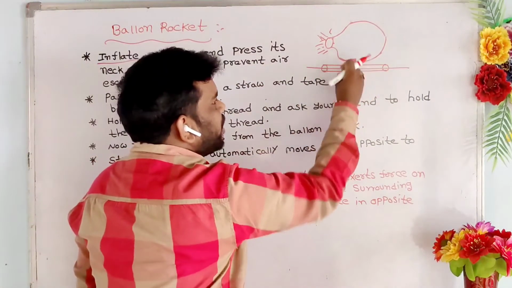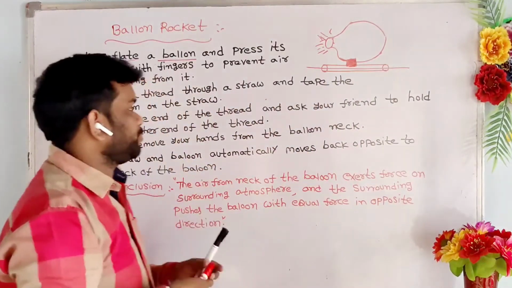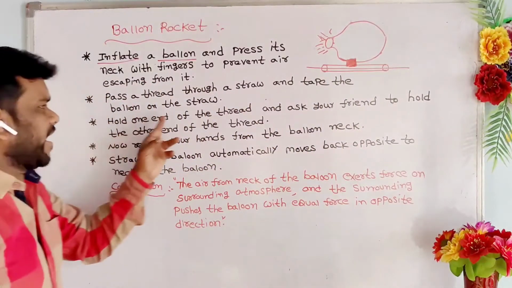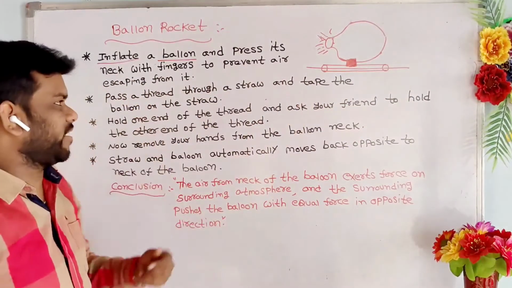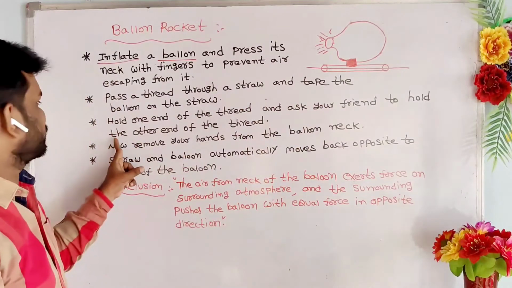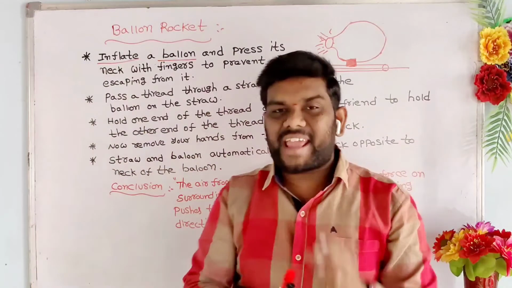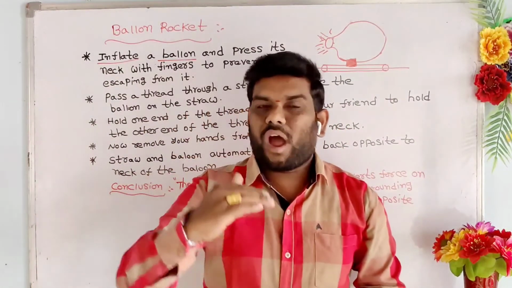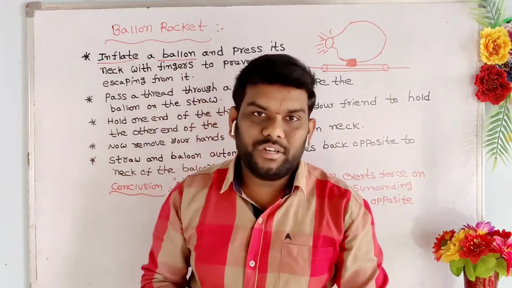Tape this balloon to this straw. Stick it. Now hold one end of the thread, and ask your friend to hold the other end of the thread. Now you hold one end of the straw, your friend holds the other end.